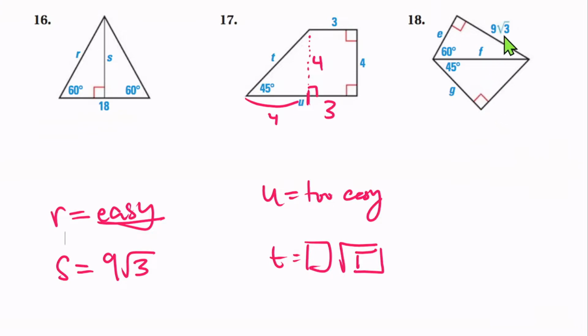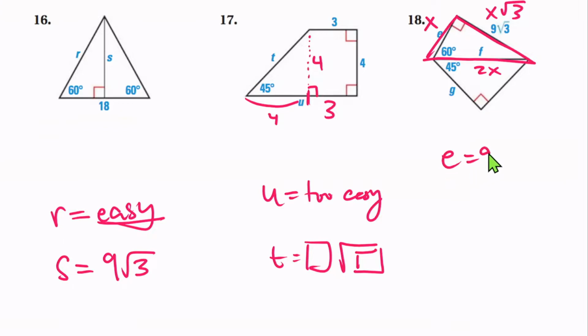18. What's going on here? Oh, it's actually easy. If you really get into this, you could say, oh, look, this is the shortcut again, where if we look at this triangle, the hypotenuse is like the 2x, and this littlest side is like the x, and then this side is x square root 3. When that medium side that is across from the 60 has a square root 3 on it, then the shortcut would be to realize that just the x, the short side piece, had to be 9.